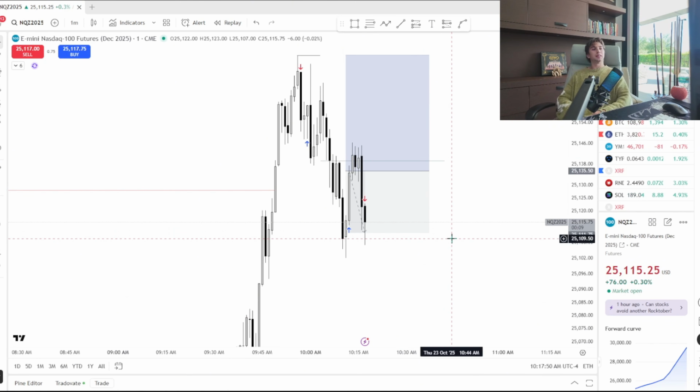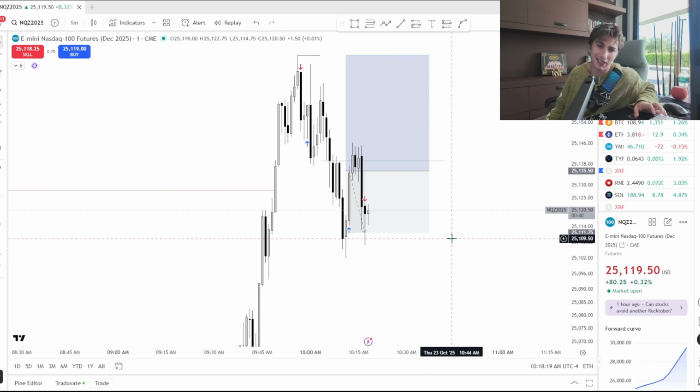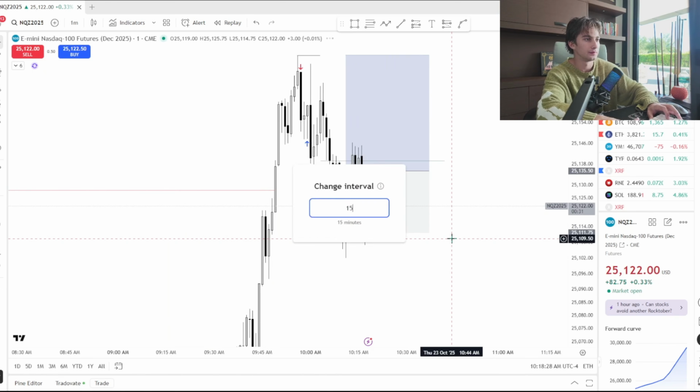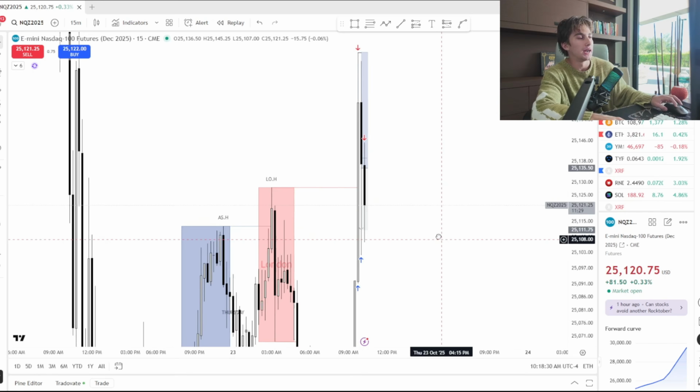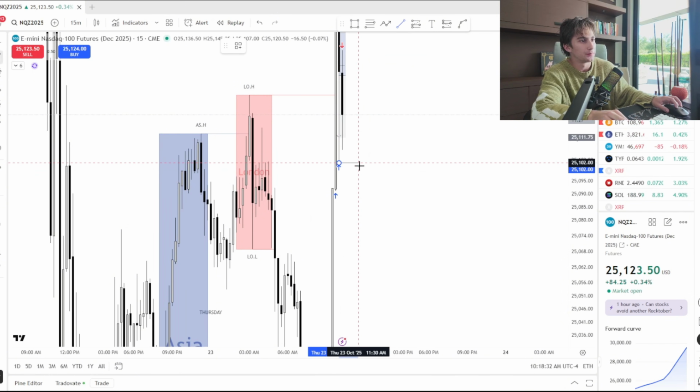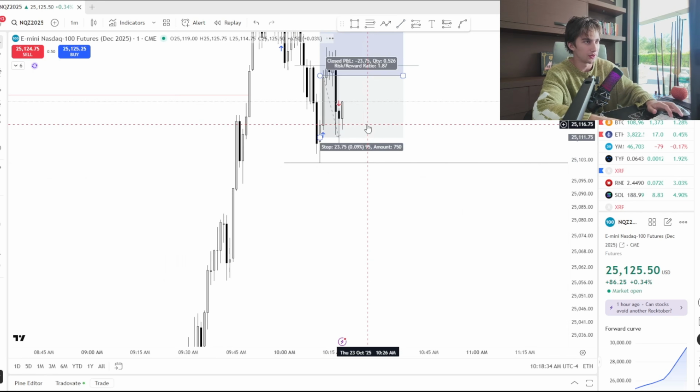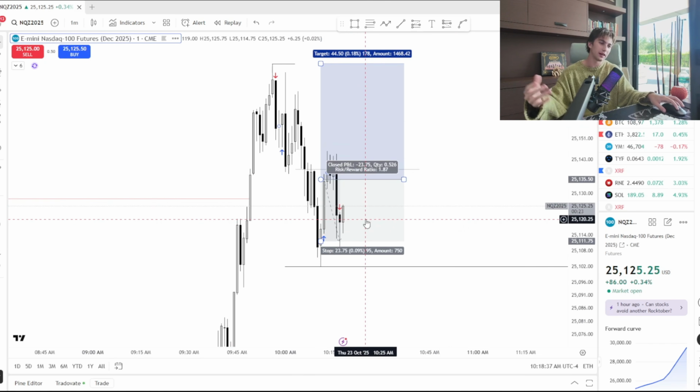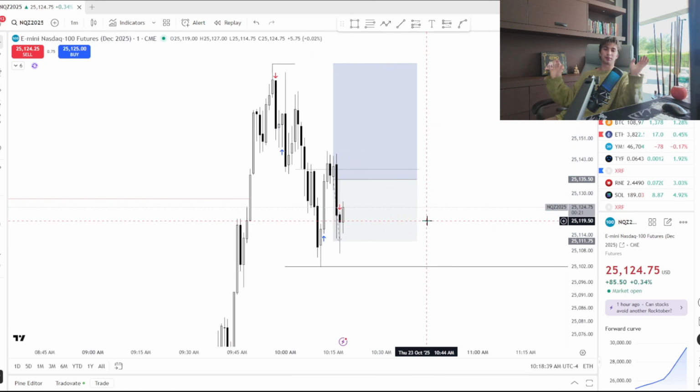But yeah, there's no way I'm going to re-enter longs unless we hit this 15 minute or this 15 minute. If I just got stop rated there, then honestly, I have nothing to say and I'll accept it.